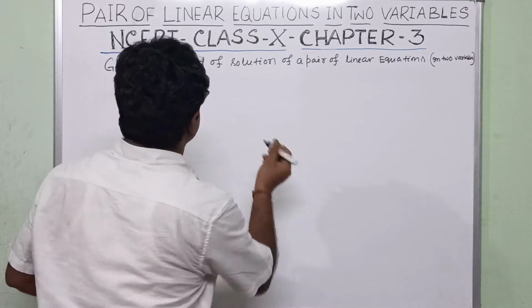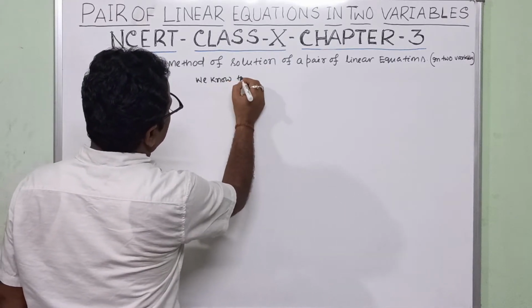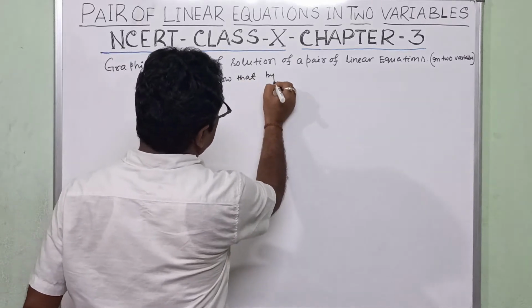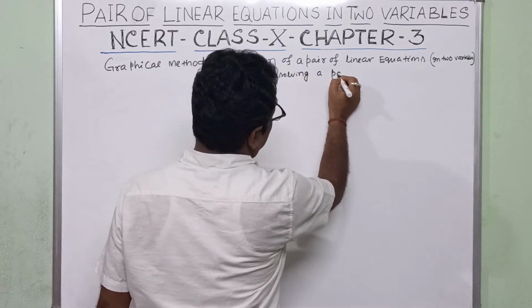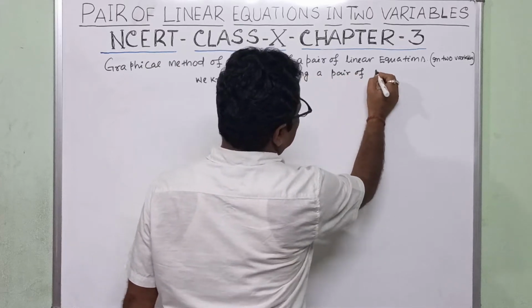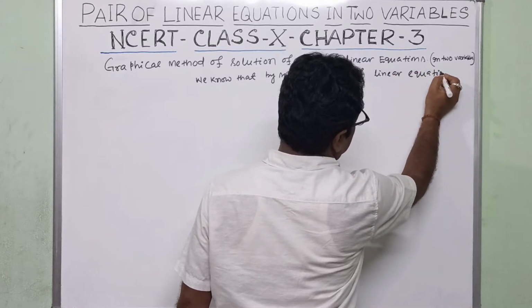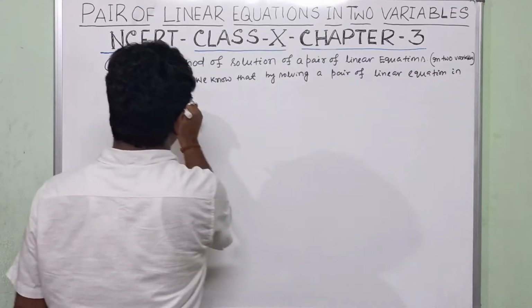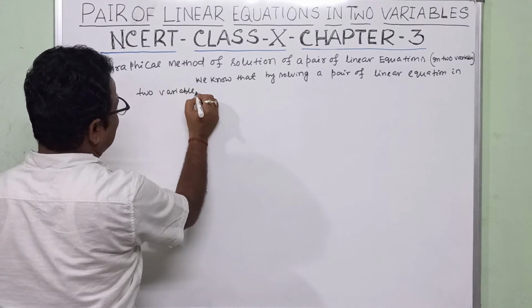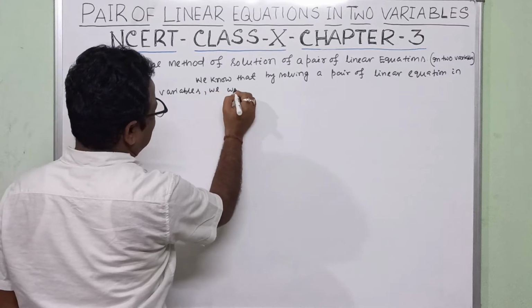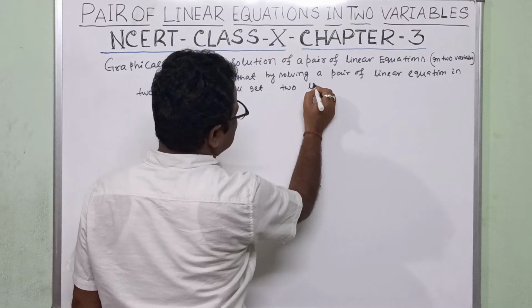So we know that by solving a pair of linear equations in two variables, we will get two lines.